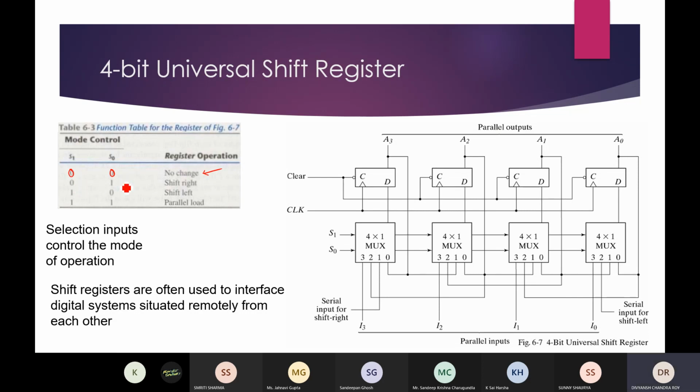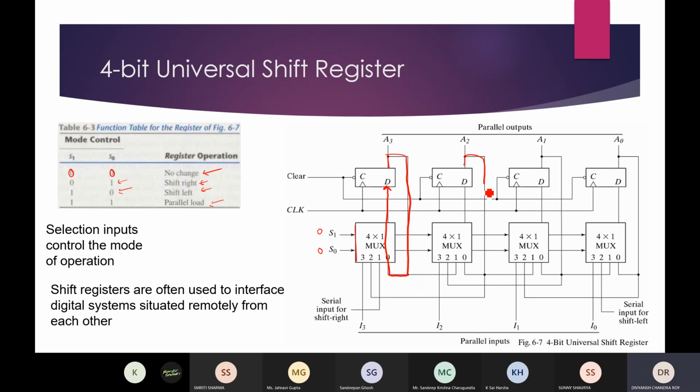If the input is 0 1, then it will shift right, and if it is 1 0, it will shift left, and if it is 1 1, then parallel load. If you consider this diagram, for the 0 0 case, for the input to this mux and all the four muxes, if S1 and S0 are 0 0, then this will be the path for each output.